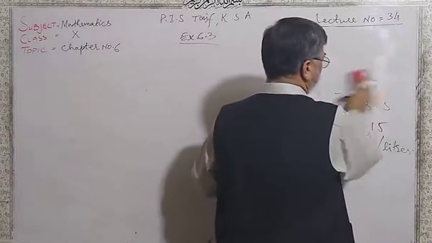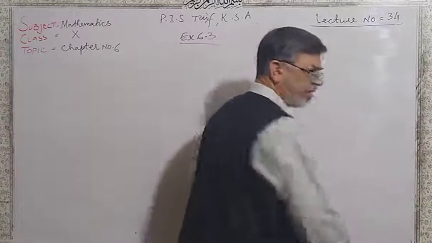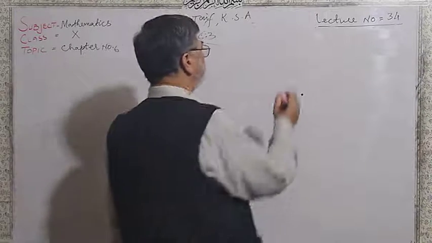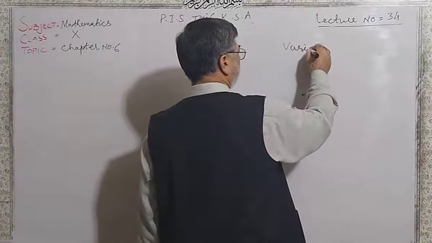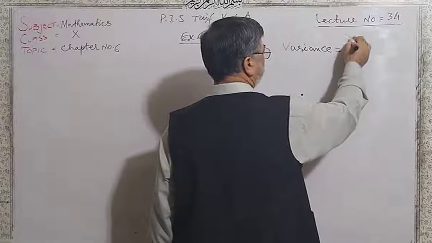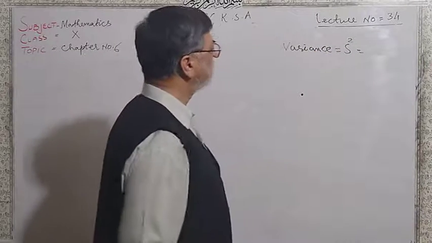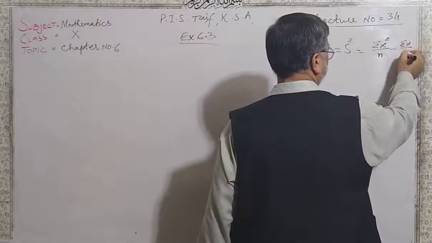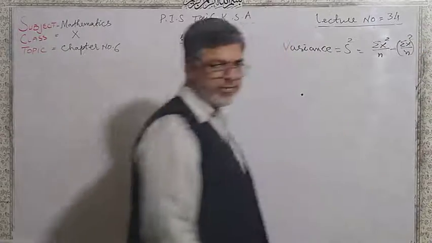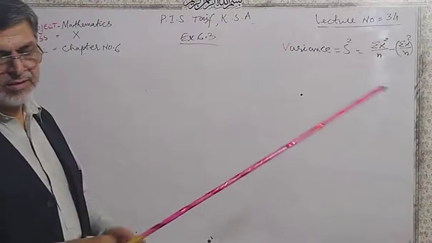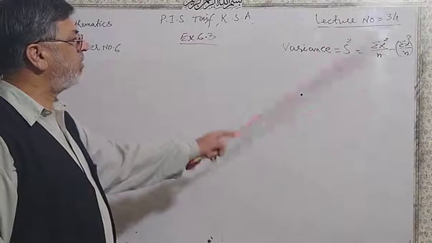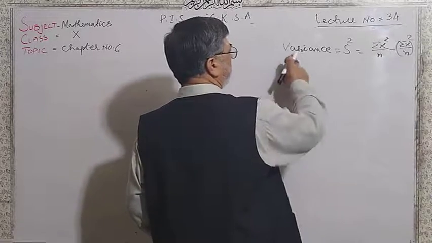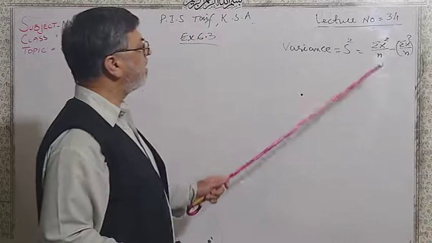The related formulas we will have are variance and standard deviation. Variance denoted by S square. This will be sigma x square over n minus sigma x over n whole square. Remember that this is the formula. This is variance. And this is known as direct method.